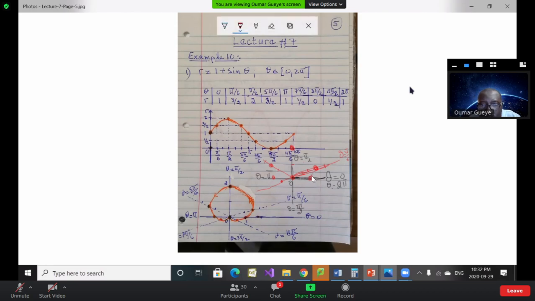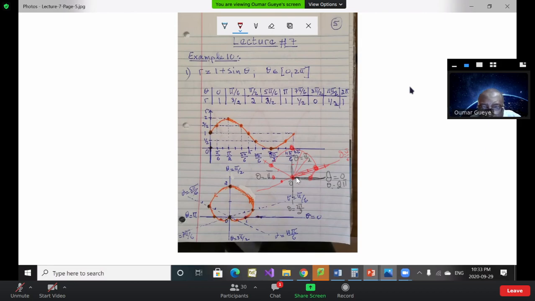When you join these 2 points, you get, for example, this. And what we call r is not the curve. The curve r is this distance, the radius.